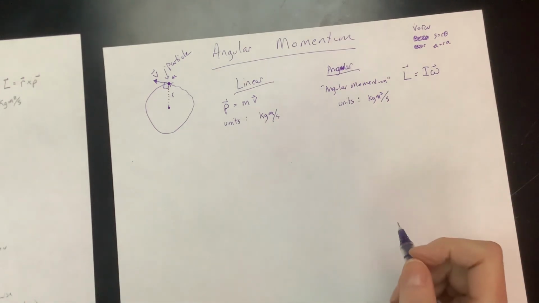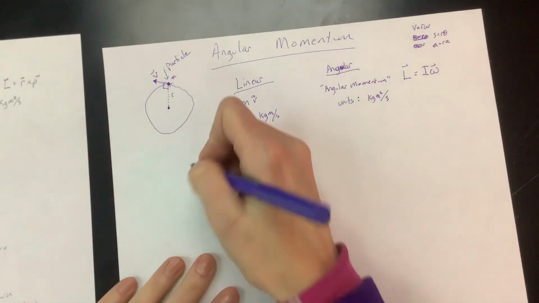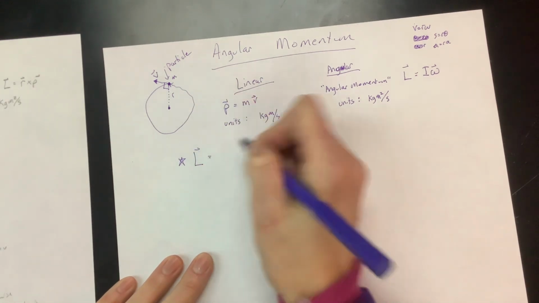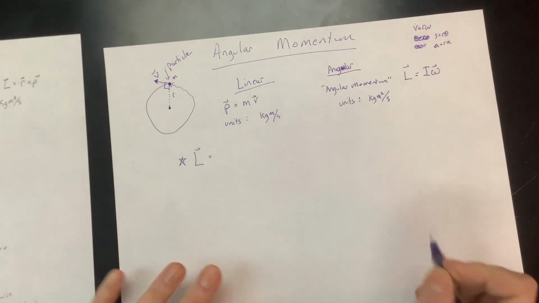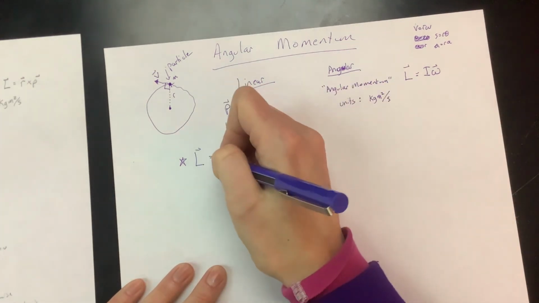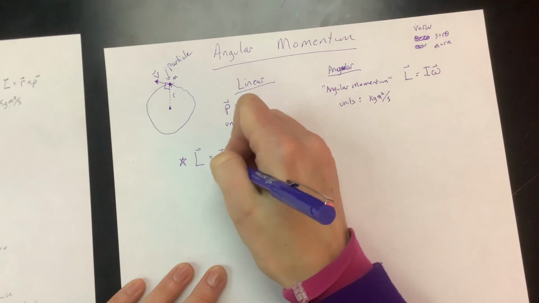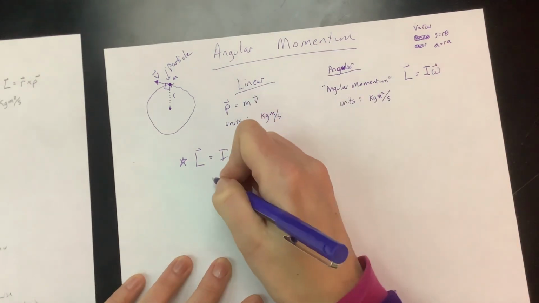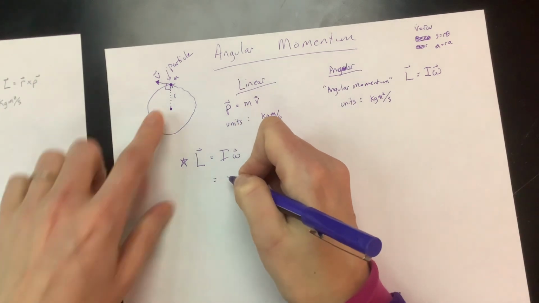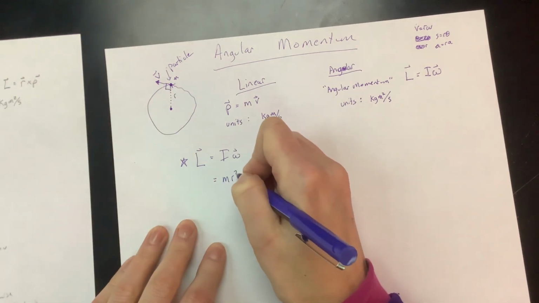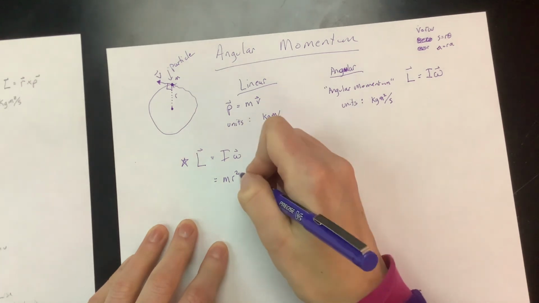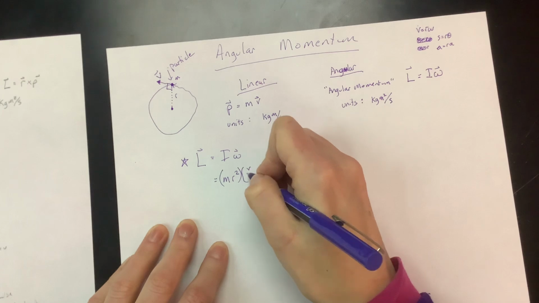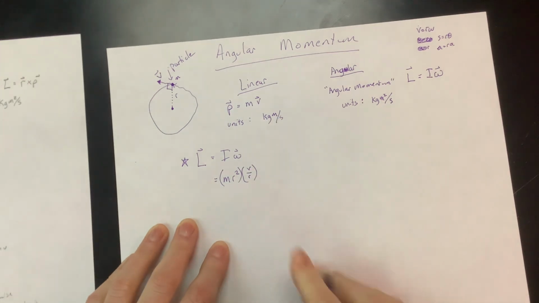Okay, so another way that we define angular momentum is in terms of the vectors, and that's actually where this comes from, but we'll start there in a second. So let's take that I and that omega, and let's go the other way. I, for a particle that's going in a circle, is just m r squared, okay, and omega, if we solve this for omega, is v over r, okay?